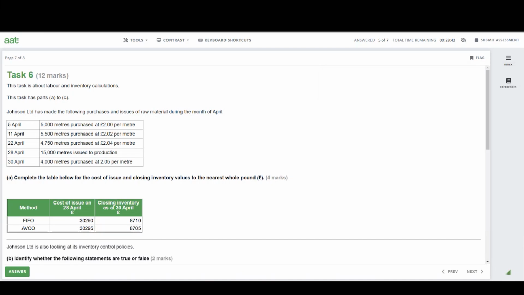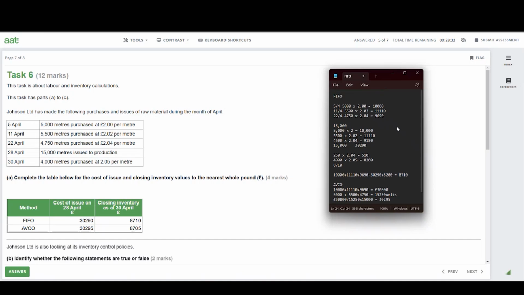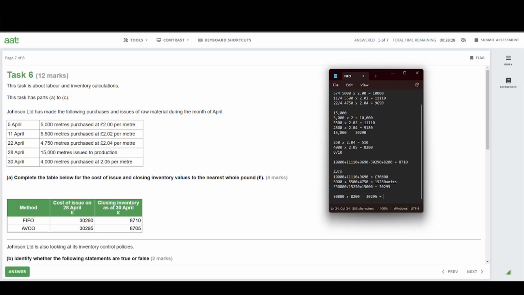So although some of those notes perhaps appear quite complicated, what I'm trying to do here is to replicate the store's record card, the calculations that we would do on that store's record card. So working out the cost of receipts, and then the cost of issue using FIFO, so issuing the oldest items first gave us our cost of issue, and then working out what's left in inventory. So that will be the items that were received most recently under FIFO.